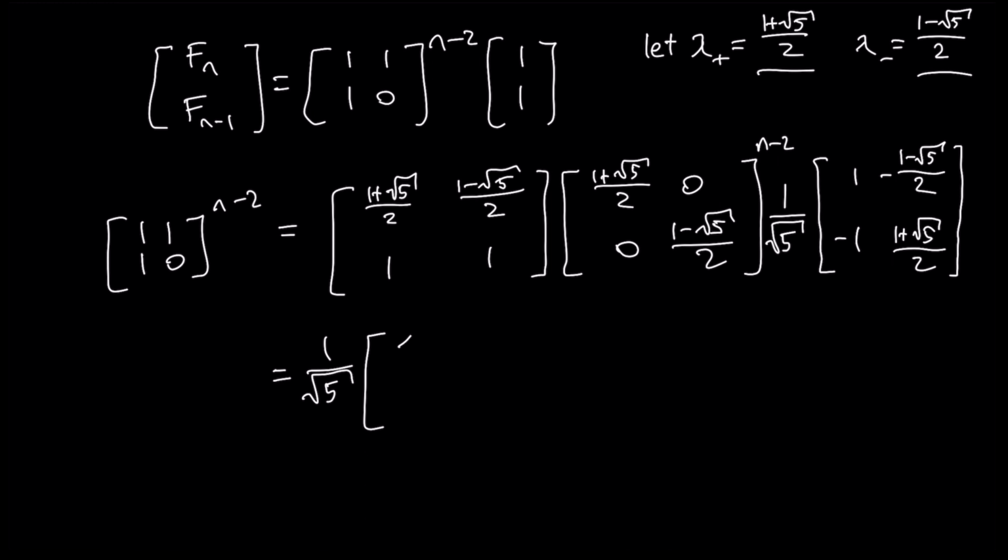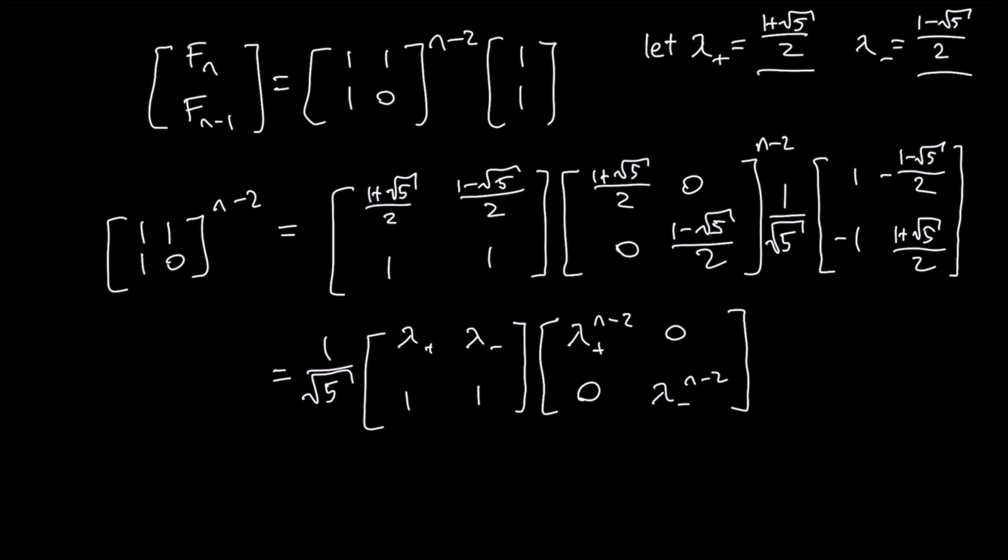So I have lambda plus, 1, lambda minus, 1. Then I have lambda plus to the n minus 2, 0, 0, lambda minus to the n minus 2. So that's my diagonal matrix D to an arbitrary power, very easy to calculate. And then finally I've got S inverse, which is 1, minus lambda minus, and lambda plus.